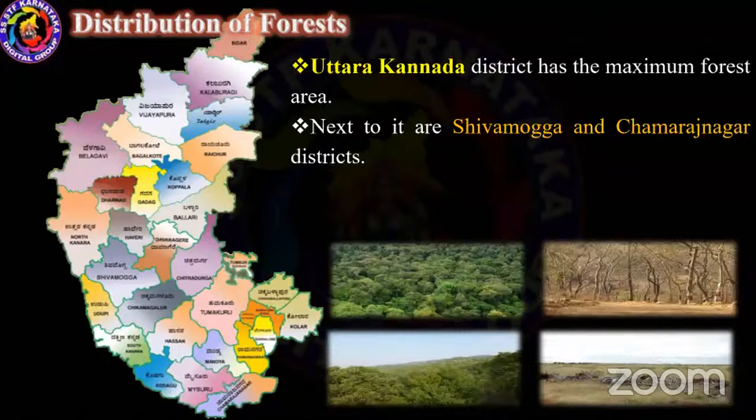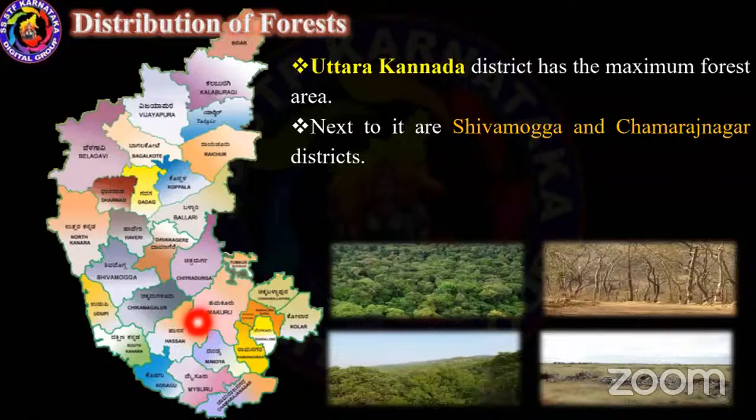Then next to it are Shimoga and Chamarajanagar. The first district which has more forest region is North Canara, the second is Shimoga, and the third is Chamarajanagar. Here is the border of Karnataka and Tamil Nadu below.